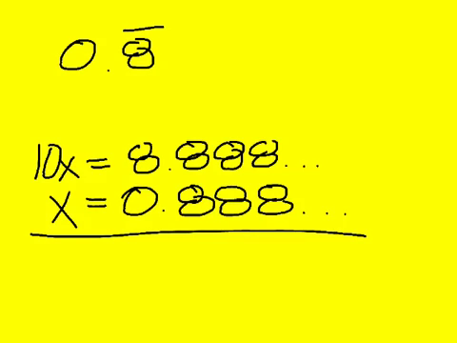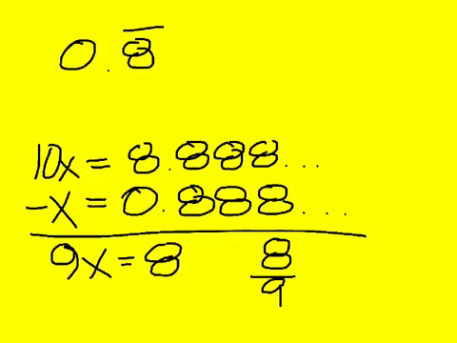Now do what operation? Subtract. 10x minus x is what? 9x. And 8.8 repeating minus 0.8 repeating is what? 8. And what's my final answer? 8 over 9. Put 8 over 9 in your calculator. Divide 8 by 9. Does it come out to be 0.8 repeating?